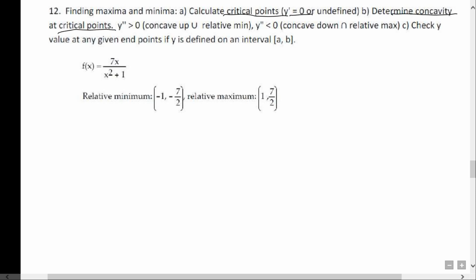And of course, if the second derivative is more than 0, it's concave up, and it's a relative min. If the second derivative is less than 0, it's concave down, and it's a relative max. If you are asked to do this over an interval, you also have to check the value of the function at the endpoints.